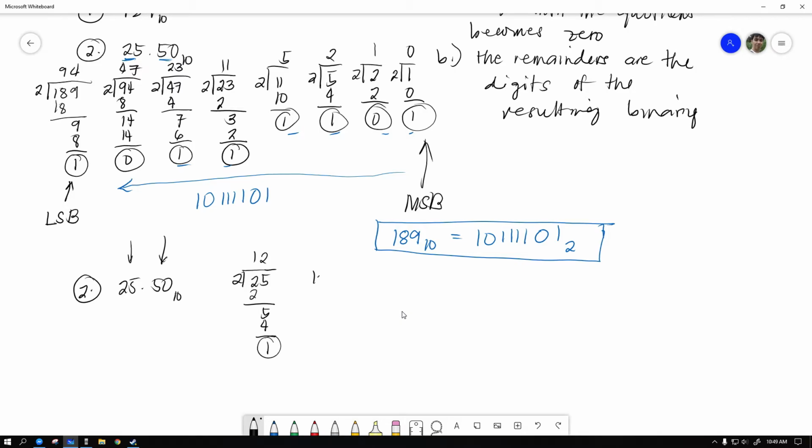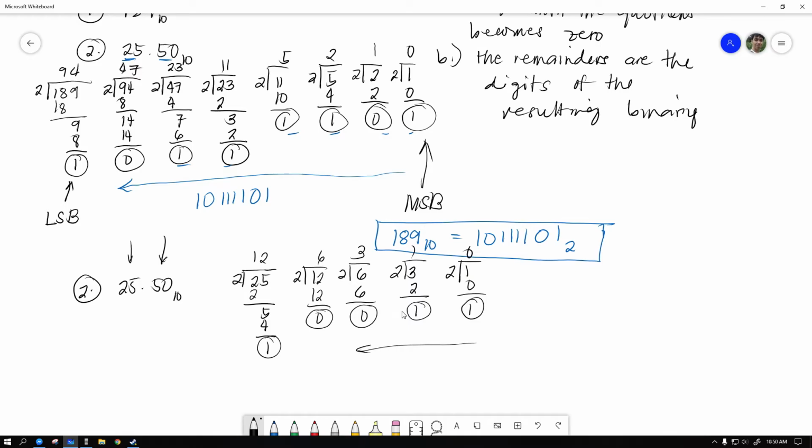And then 12 divided by 2, you have 6, so you have 0 remainder. 6 divided by 2 is 3, and you have a remainder of 0. Then 3 divided by 2 is 1, so you have a remainder 1. So 1 divided by 2 is 0, so you have 0 remainder 1. So read it backward. You have 1, 1, 0, 0, 1.